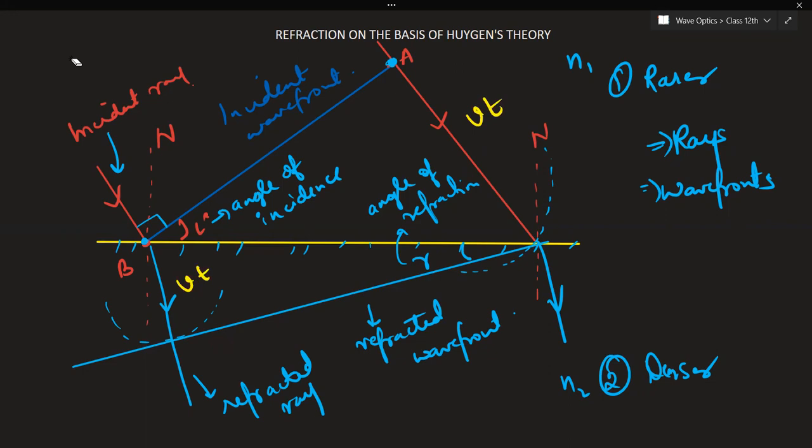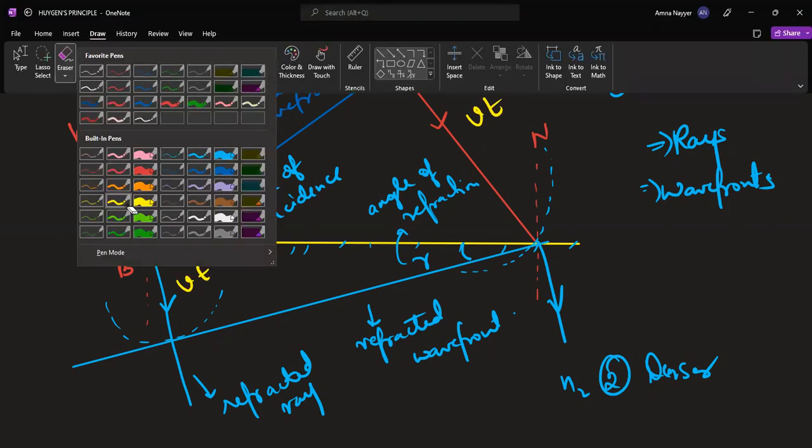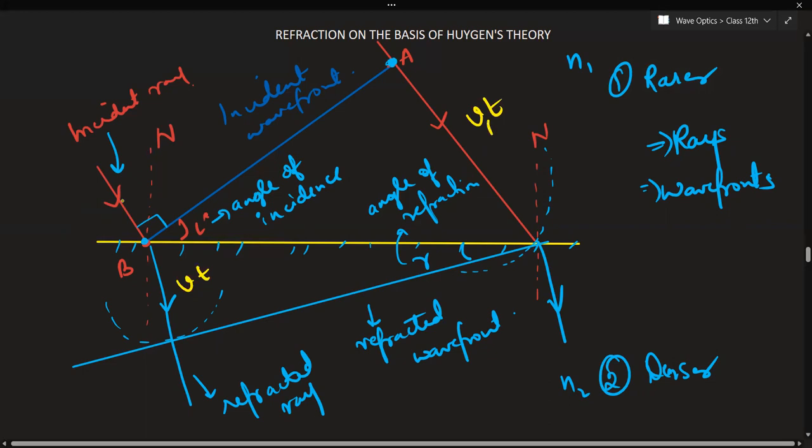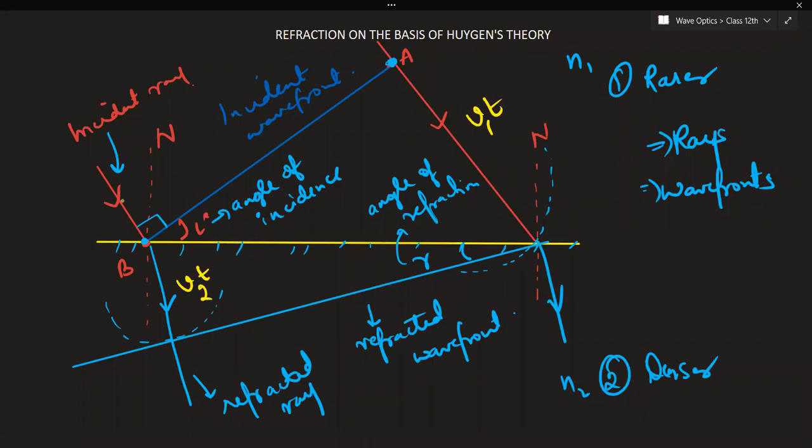If both the velocities were equal, then refraction would not have occurred. So let's say this is v1t, this is some v2t. So v1 is the speed of light in medium 1, v2 is the speed of light in medium 2. Let's say n1 is the refractive index of medium 1 and n2 is the refractive index of medium 2. And let's also assume that v1 is greater than v2.